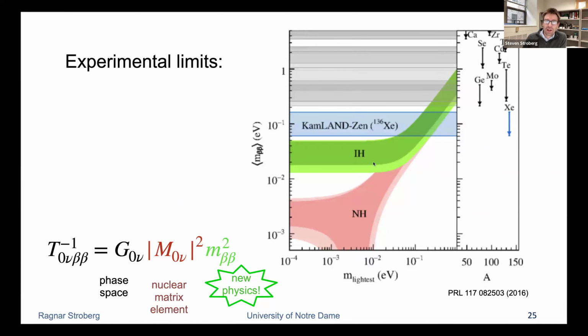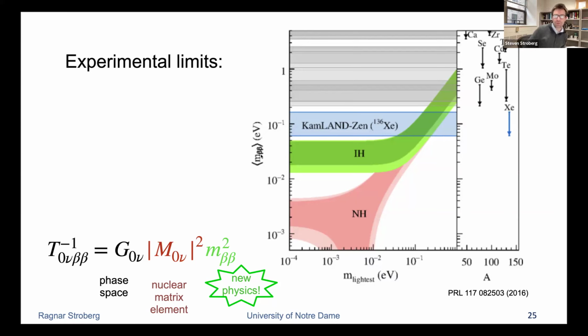So the way it's often plotted is we don't know what the mass of the lightest neutrino is, and we don't know what the absolute mass scale is. So this is the combination of basically the mass 1, mass 2, mass 3 that combines into an electron neutrino, goes into here.